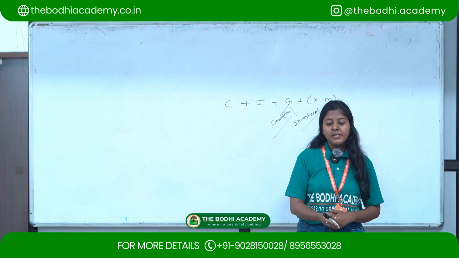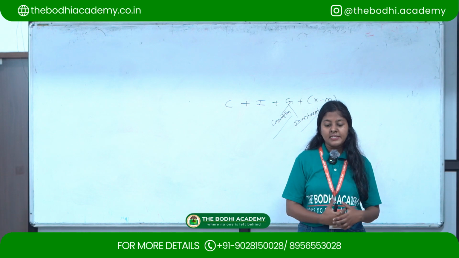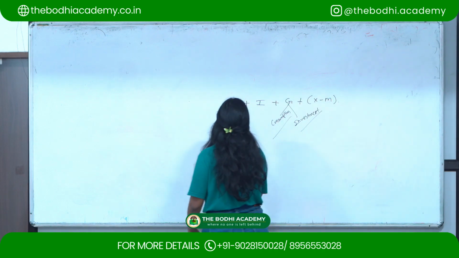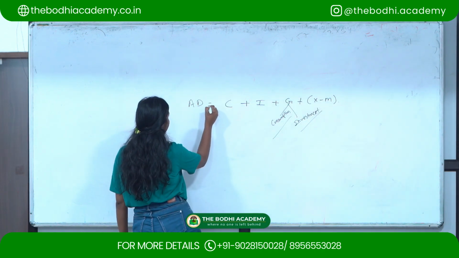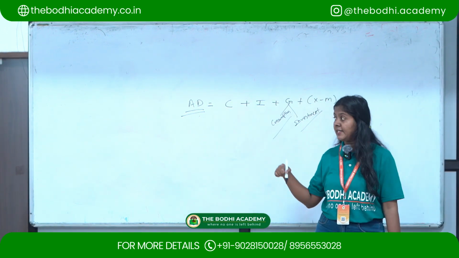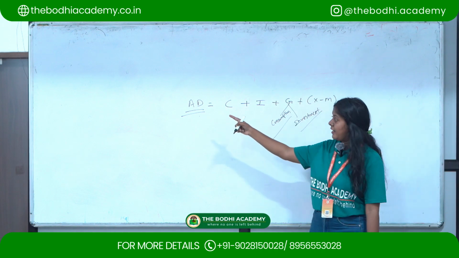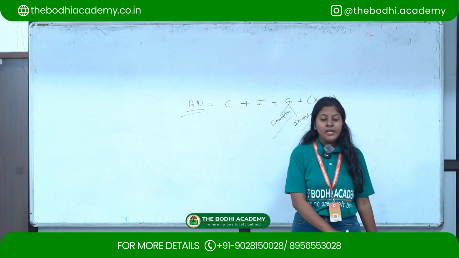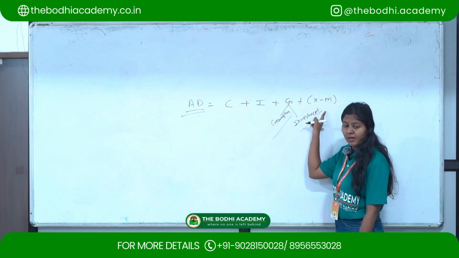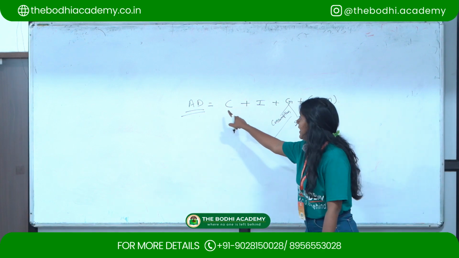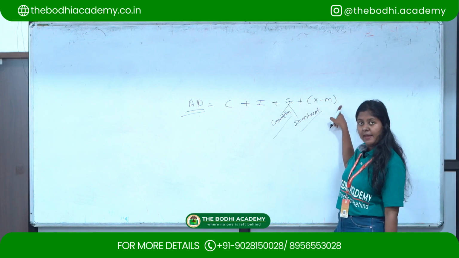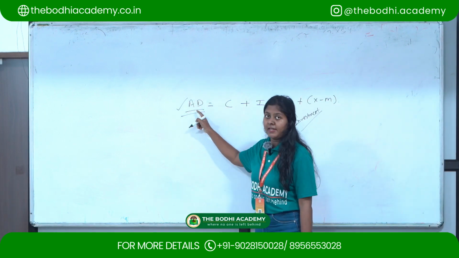Expenditure by foreigners on our goods, that is our exported goods, is added to the aggregate demand, while expenditure on imports is subtracted from aggregate demand. So AD is equal to C plus I plus G plus X minus M. This is the equation of aggregate demand.